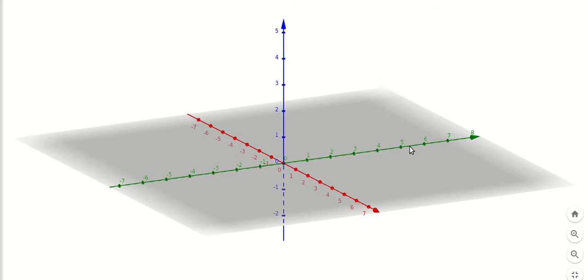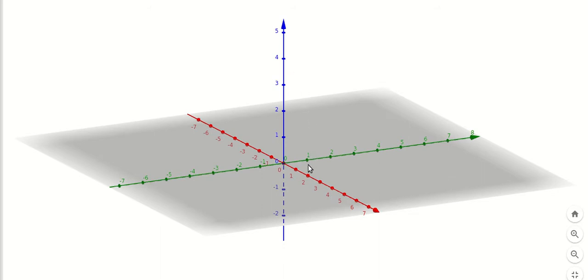Now this direction is defined by the unit vectors. If we consider this red as x, this green as y, and this blue as z, the unit vector along the x-axis is denoted by i cap, the unit vector along the y-axis is denoted by j cap, and the same in the case of the z-axis is denoted by k cap.